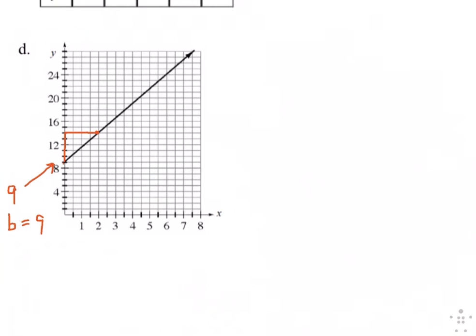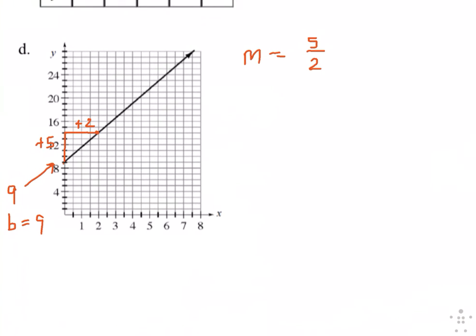I went from 9 up to 12, 13, 14, 9 to 14, which is 5. So I went up 5, and I went over 1. Oh, but that's by halves, right? So I went over 2. So the slope is change in y, 5, over 2, so 5 halves.